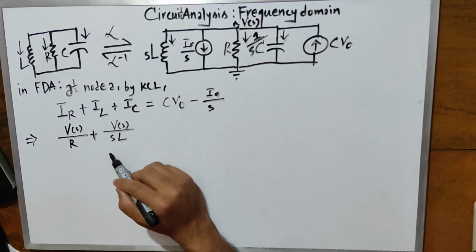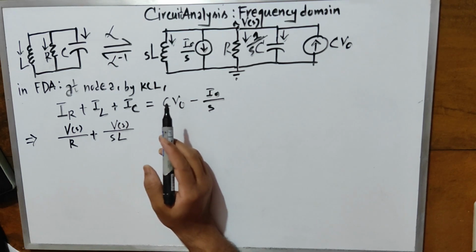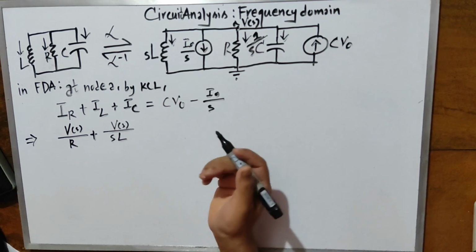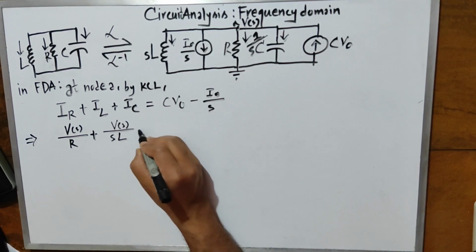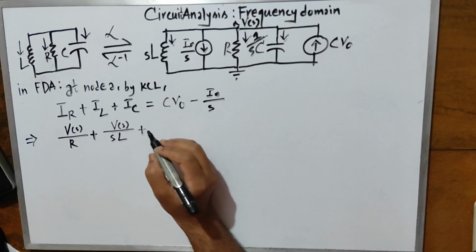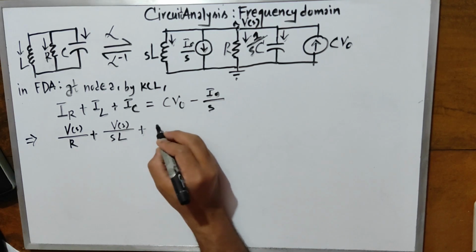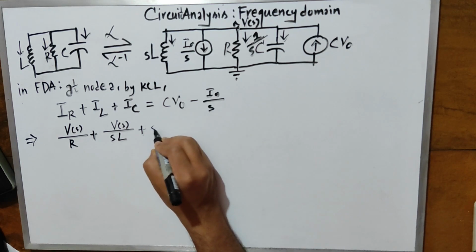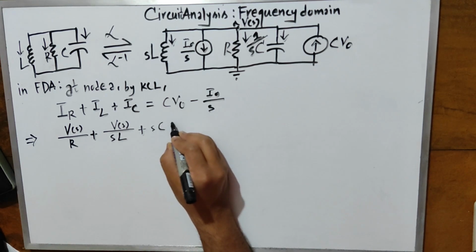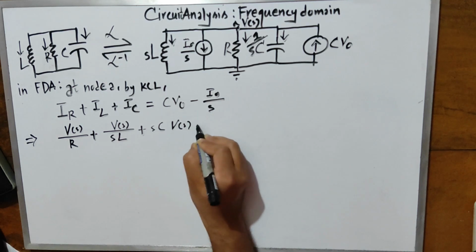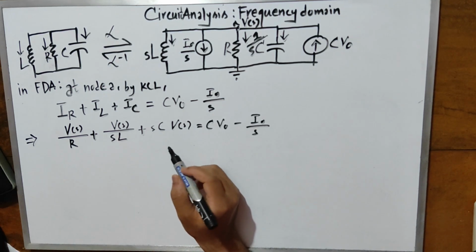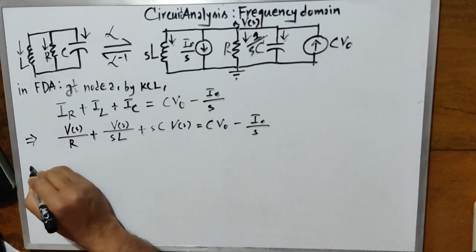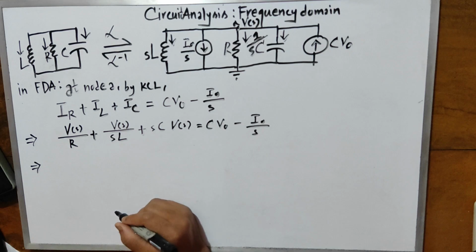1 by SL is the inductive susceptance. Because we are applying the node voltage formula, now IC, the current through the capacitor, is SC Vs. SC is the capacitive susceptance. Now let me write this.